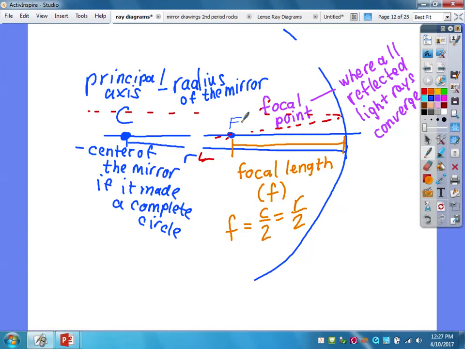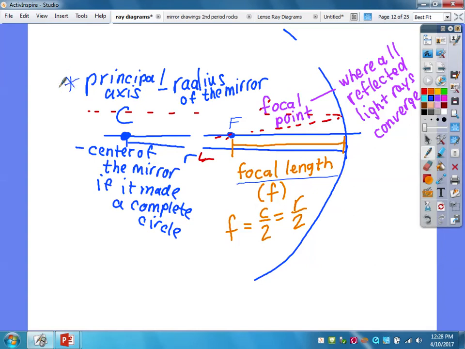That is your focal point. That's where all the light is going to converge back toward. The distance between the focal point and the mirror is called the focal length. Don't worry about my calculations down there yet.